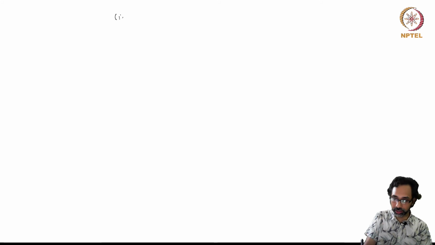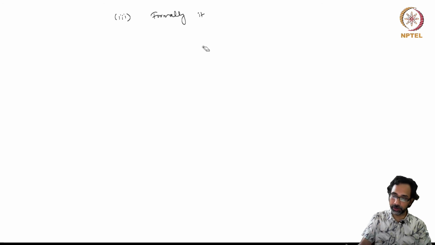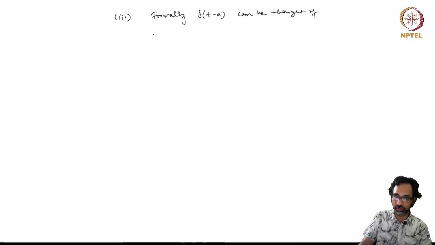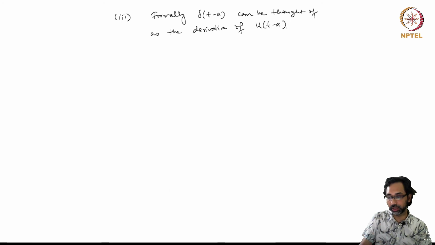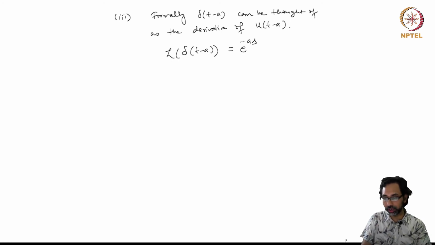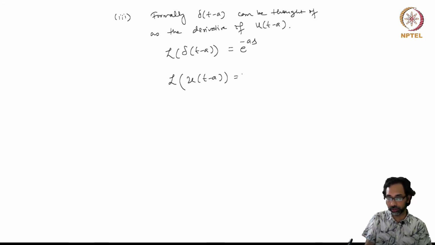Another property is that formally the delta function delta(t minus a) can be thought of as the derivative of the Heaviside unit step function at a. This is because the Laplace transform of delta(t minus a) equals e to the power minus as, while the Laplace transform of the unit Heaviside step function is e to the power minus as over s.